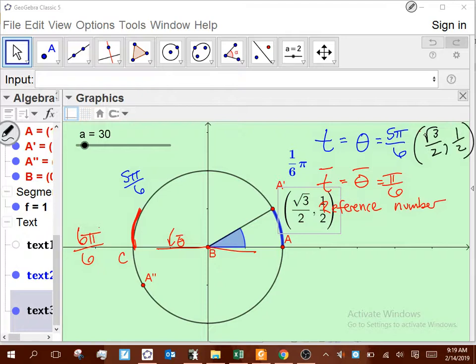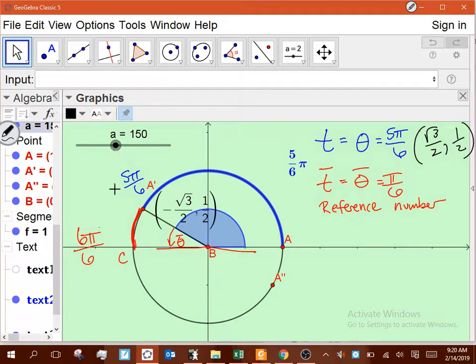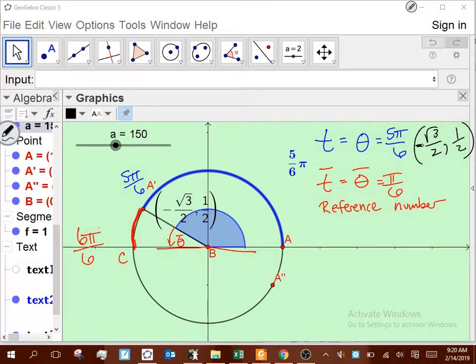That's the reference aspect: you're looking up to see what ordered pair you have. But now I have to adjust it, because what quadrant did 5 pi over 6 terminate in? The second quadrant. So what are all the x values in the second quadrant? They're all negative, right? So I need to put that negative in my terminal point, and now I know that 5 pi over 6 has the ordered pair negative radical 3 over 2, comma 1/2.